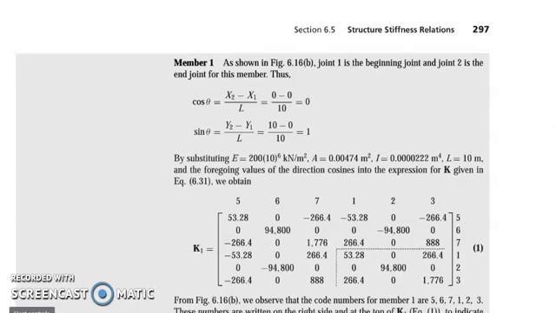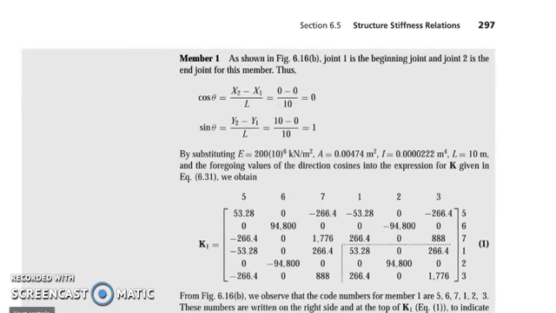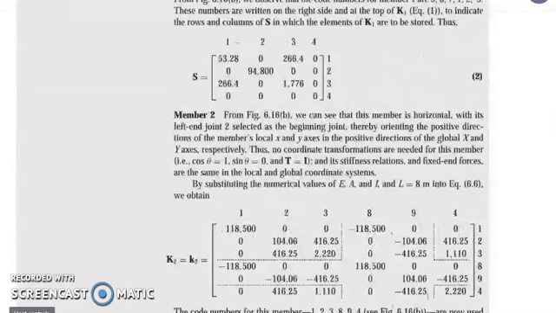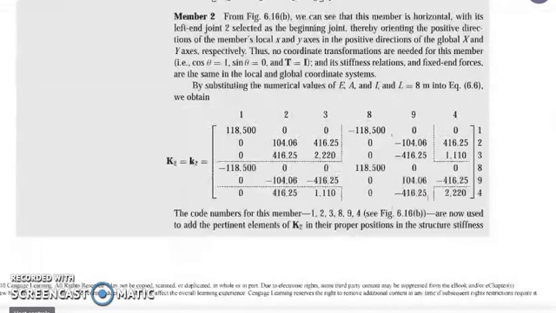If we make use of the equation, then substitute the given values, we now have our cosine theta equal to 0 and our sine theta equal to 1 for this example. Now for member 2, same procedure. You simply have to identify also your stiffness coefficients in the global coordinate system, and your cosine theta and sine theta.